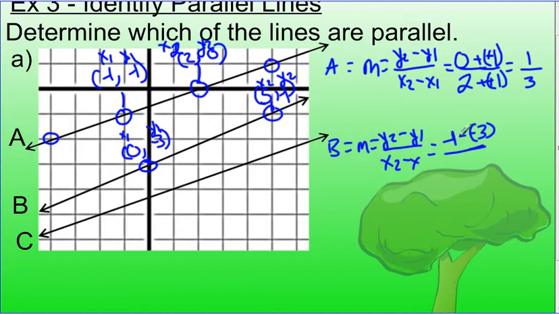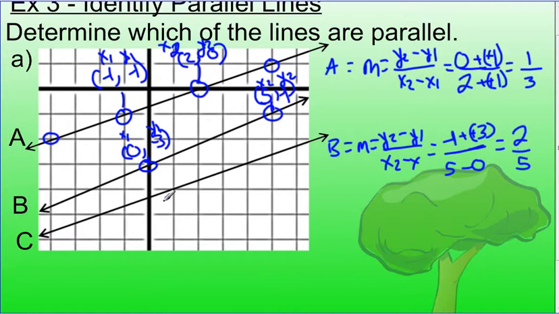All right, so -1 minus -3, good, over x2 minus x1. -1 minus a -3, well, minus a negative turns into plus a positive, which turns this into 2 over, and 5 minus 0 is 5. Does not simplify, so that is the slope.